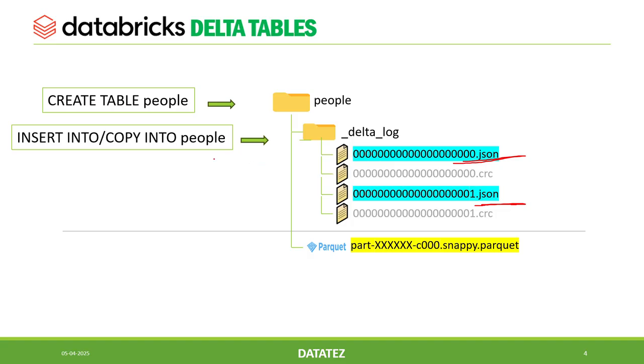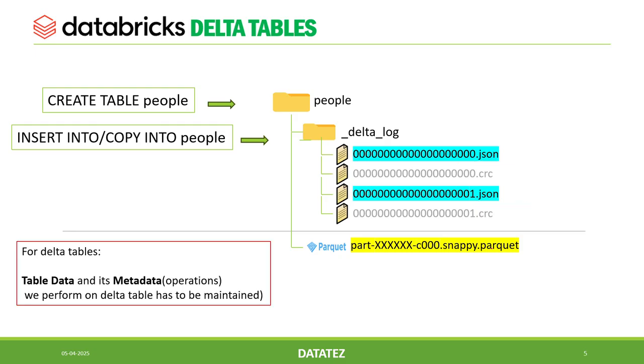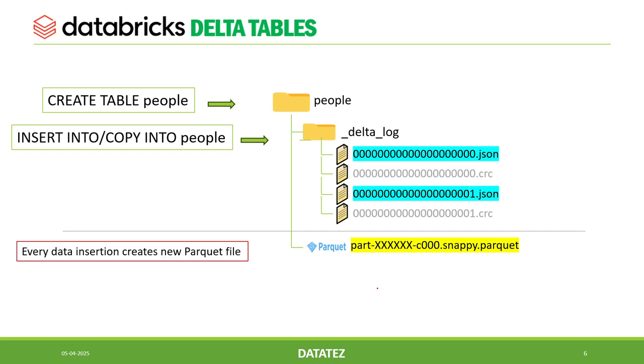Apart from that, we are loading the data into the table, right? That data will be stored as a compressed Parquet file directly under the people folder. So for Delta tables, table data and its metadata operations have to be tracked, and they are maintained over here under the Delta Lake and the table name folder structure.